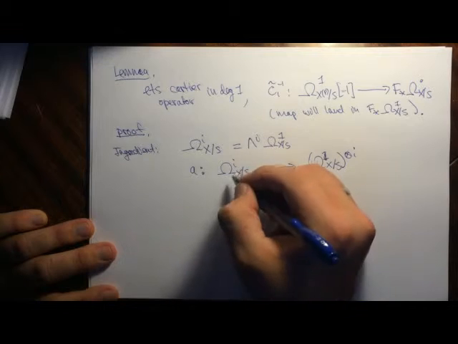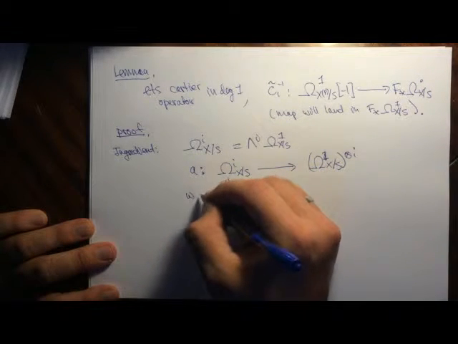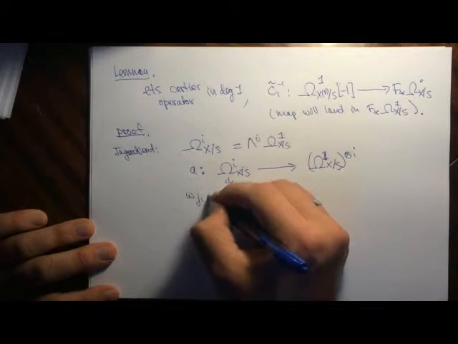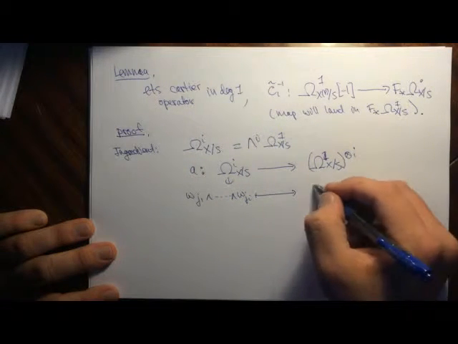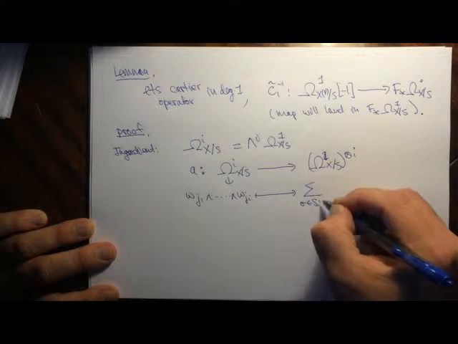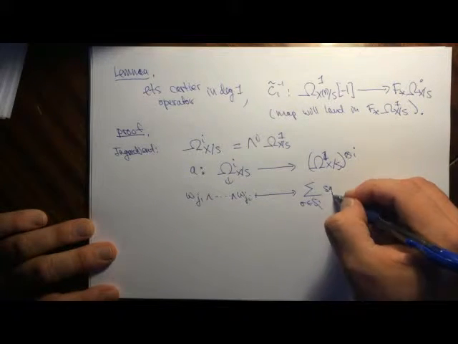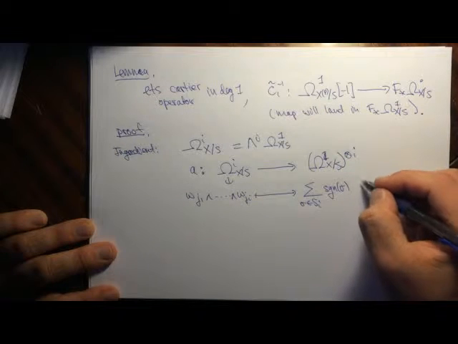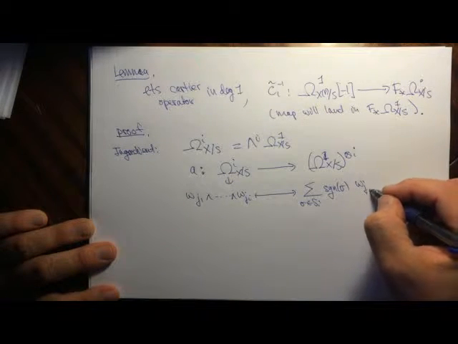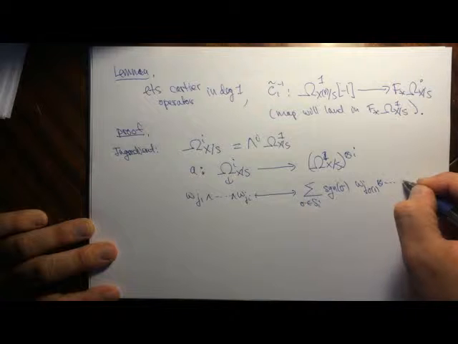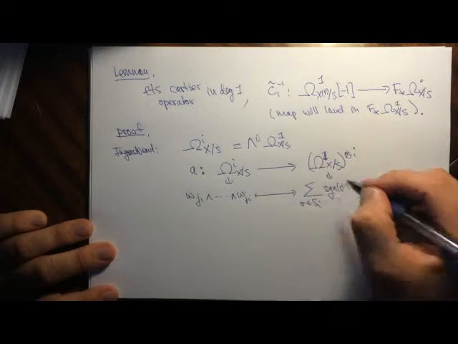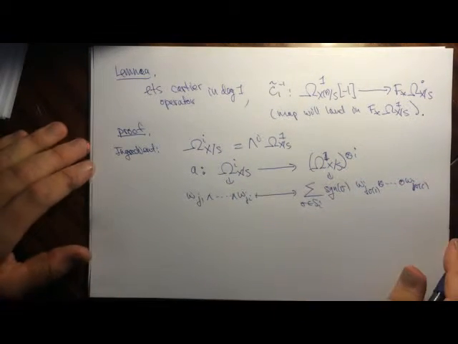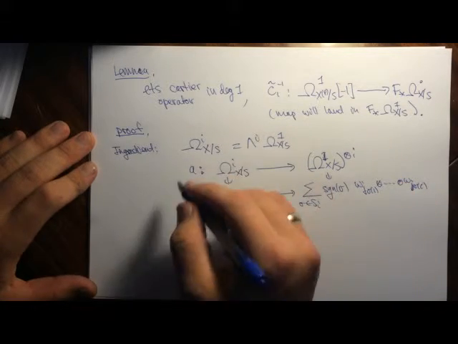What it does is it takes, let's say, omega j_1 through omega j_I, and maps it to the associated anti-symmetric tensor. Like so, from here to here. So there's this ingredient that we're going to use.